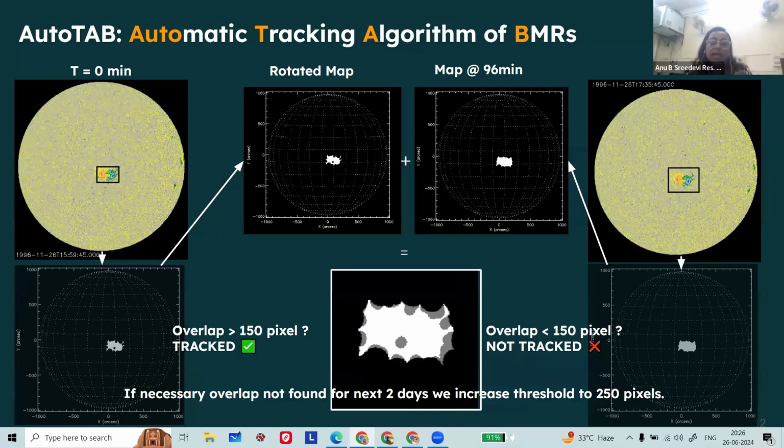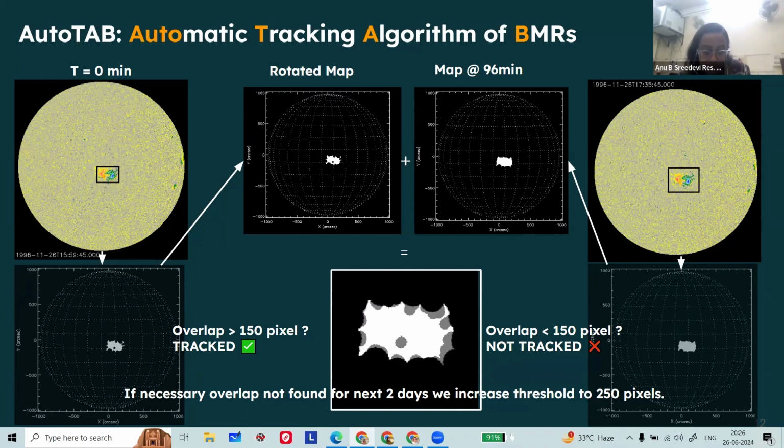Okay. So one thing is that if a BMR comes around for a second time, right now, since we have not incorporated far side magnetograms, we don't have a way to classify them. If it's coming back around for the second time, we have to work on that.